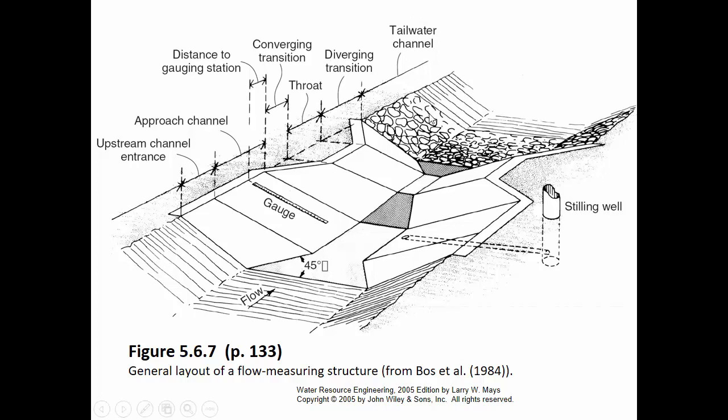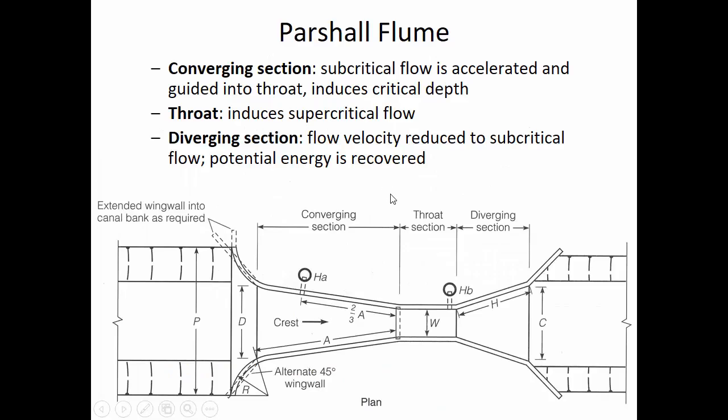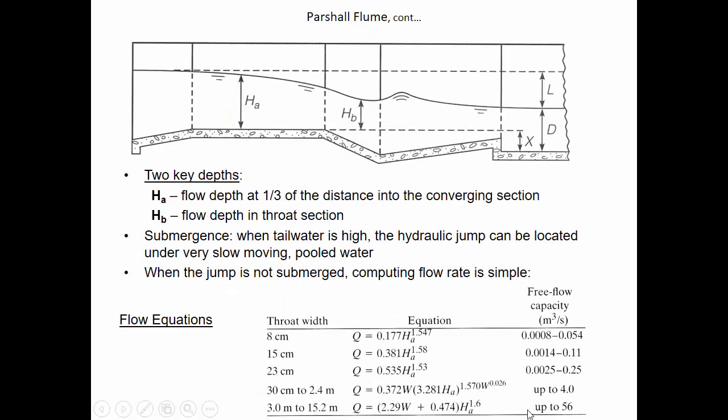If the tailwater has a pretty high depth, then the hydraulic jump that forms inside of the flume is going to be submerged. And so these equations that are right here are called free flow equations. They assume that this hydraulic jump that's occurring isn't choked by the tailwater.